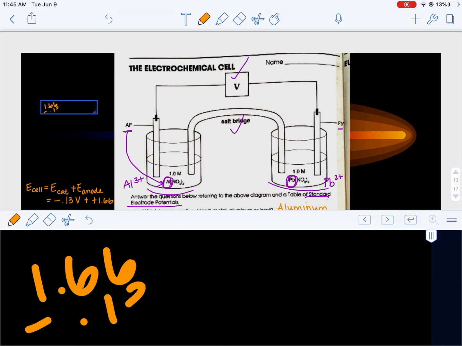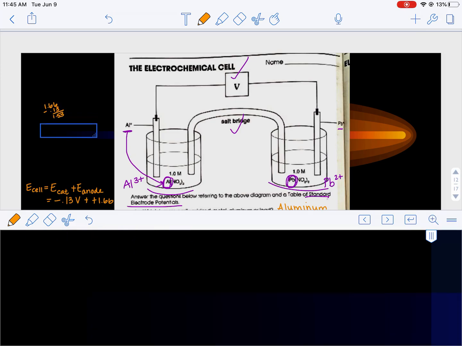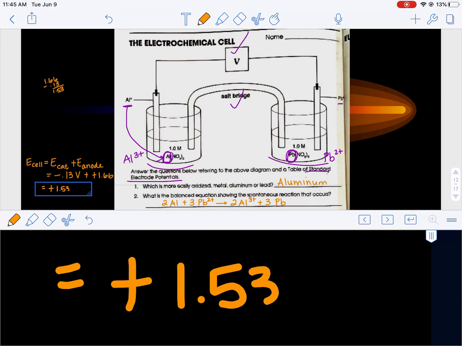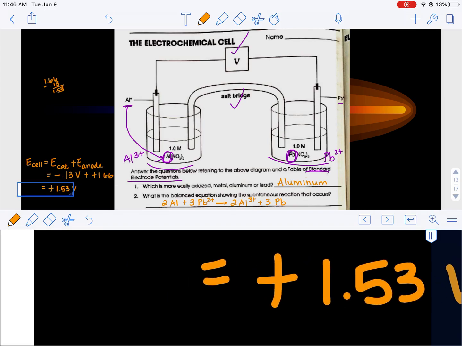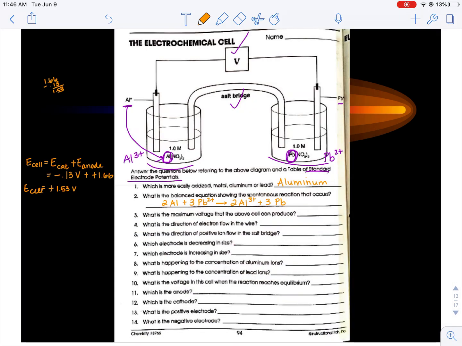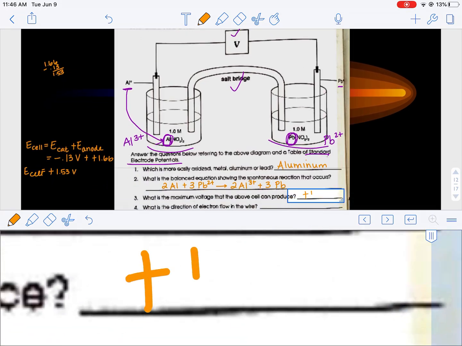So doing our math, 1.66 minus 0.13 volts is positive 1.53 volts. Our E cell is positive, which means it's spontaneous, and that is the truth for all voltaic cells. So you need to make sure that our value is positive for the voltaic cell. Positive 1.53 volts.